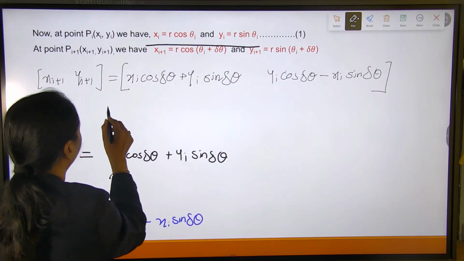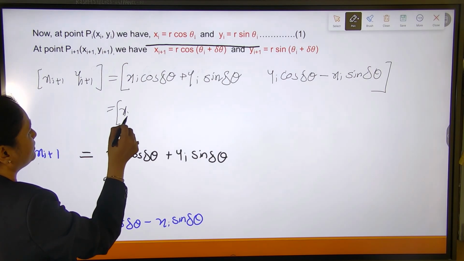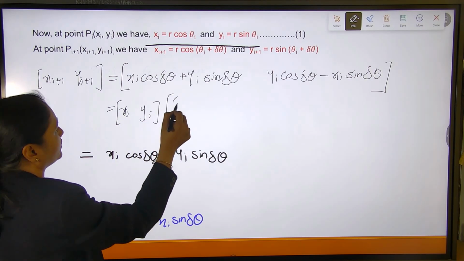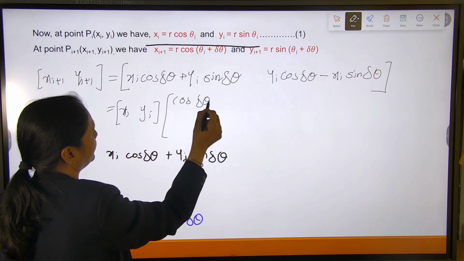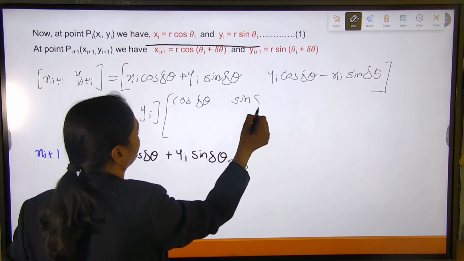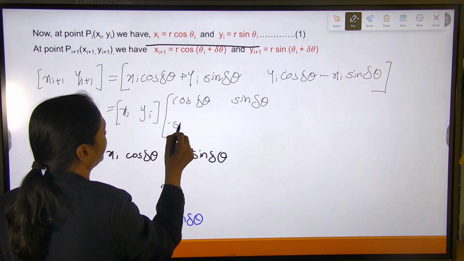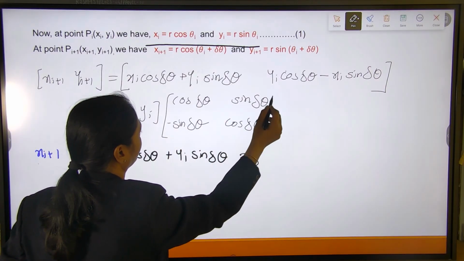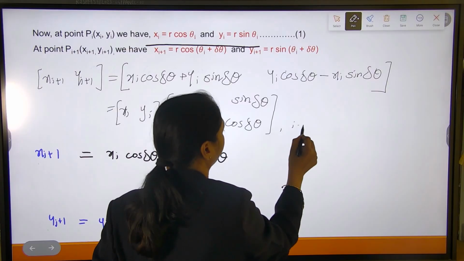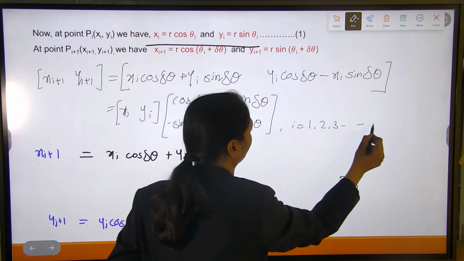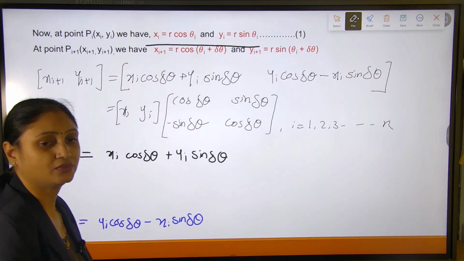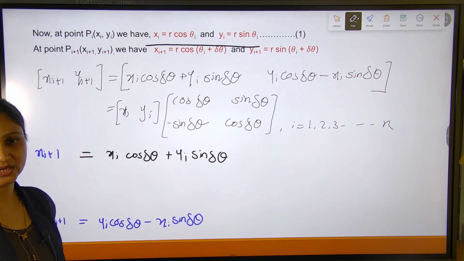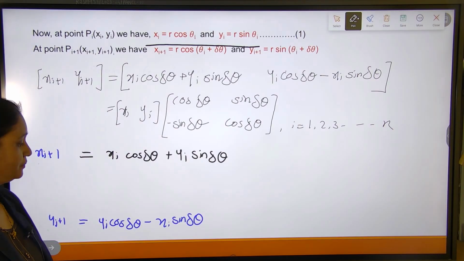If we write it in terms of matrix multiplication, we get xi yi into cos delta theta, sin delta theta, minus sin delta theta and cos delta theta, where I varies from 1, 2, 3 up to n number of points. So this is the recursive formula to generate the equally spaced n points on the arc of the circle.